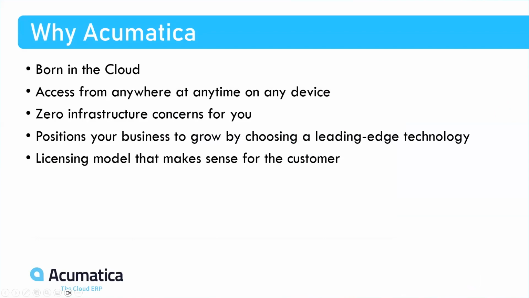I just figured to recap some things before we jump into sharing the product, which is probably what you're most interested in taking a look at. Why would we consider Acumatica, and why did we look at this as a next step for our clients as they continue to move forward with their businesses? It's the accessibility of being born in the cloud. Its foundation is there.